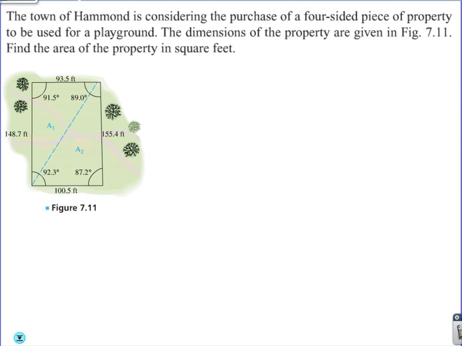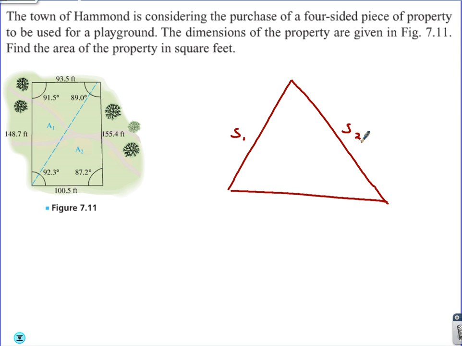Reminder of your formula. When you're dealing with a triangle, you can find the area of a triangle using trigonometry. I'm going to call these S1 and S2 and alpha. If you have that side-angle-side relationship, then you can find the area of that triangle by doing area equals 1/2 S1 S2 times the sine of alpha.